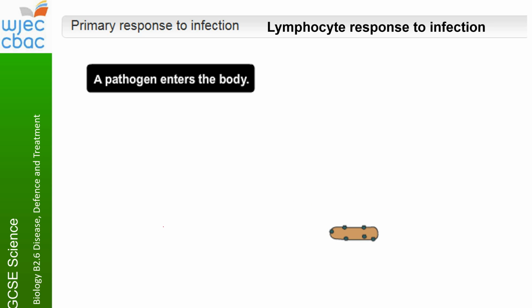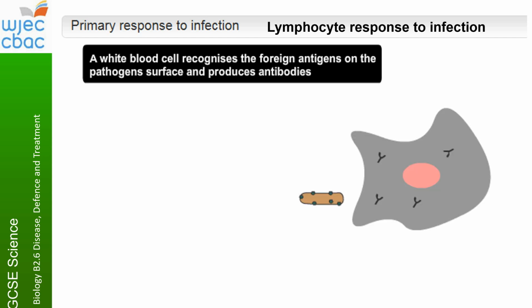So this is our pathogen entering the body. This grey structure is our white blood cell, and it starts to recognise that this is foreign, okay? This microbe here is foreign, and so it recognises that on the surface these foreign antigens are not like the antigens that are on the surface of your normal body cells.